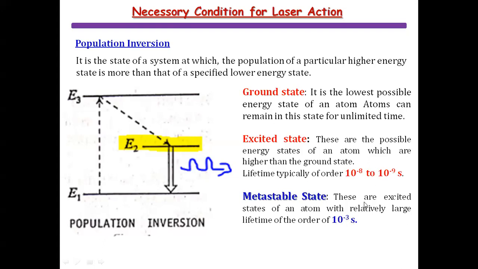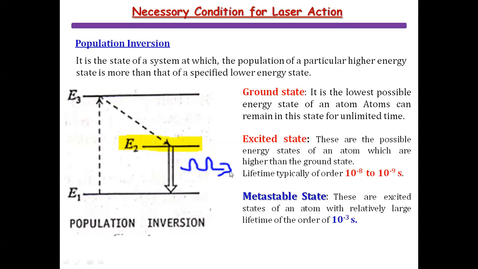Compare these two lifetimes. There is a factor of 10 power 6 between them. Almost 10 lakh times more stable is the metastable state than the ordinary excited state. Laser action takes place from the metastable state to the ground state. When the atom returns from the metastable state to the ground state, laser will be emitted.